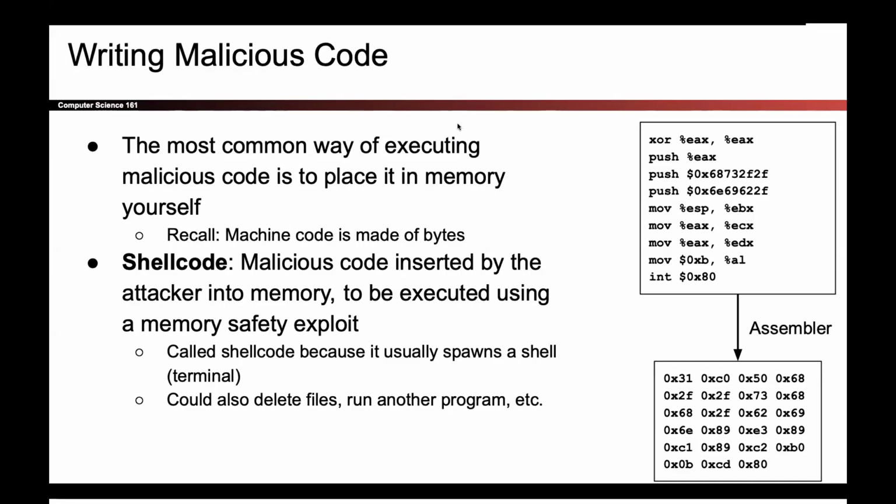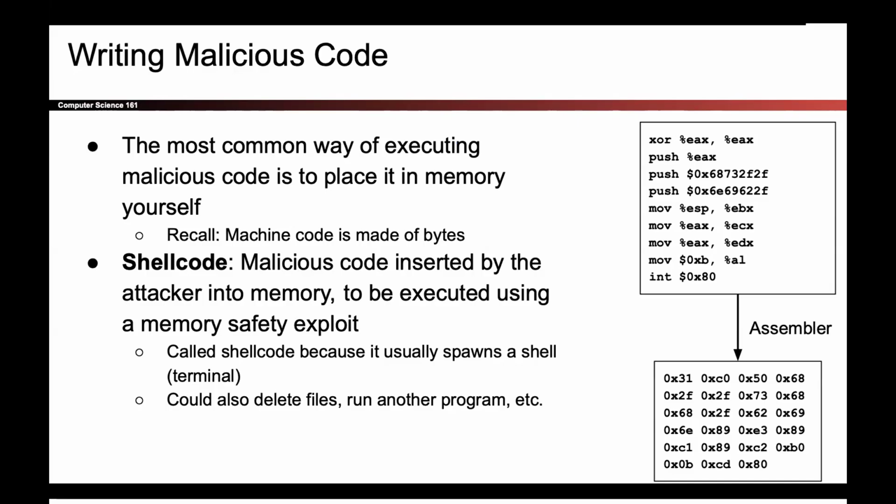I've been talking about how an attacker could overwrite the RIP, and I kind of waved my hands over the part about how the attacker arranges for malicious code that's going to do something bad to be in the memory address space. So let me talk a little bit more about that. The most common way is that the attacker writes some code to do something harmful, like reformat your hard drive, put a backdoor on your machine that allows them to log in as you, or email a copy of all of your files to them.